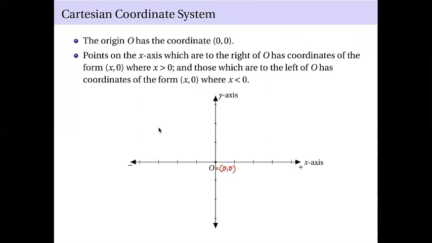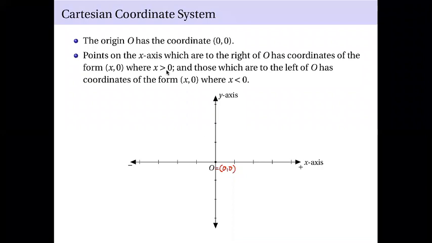Now, if we look at the x-axis only, all the points on the right of your O will be labeled as x comma 0, where x is a positive number.